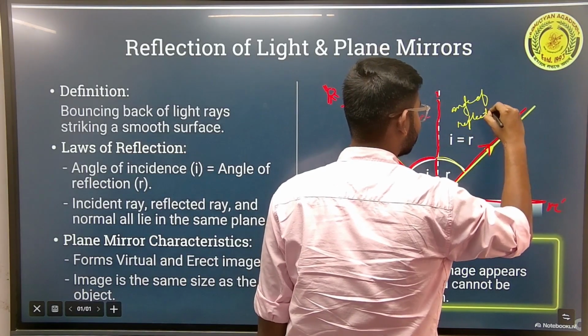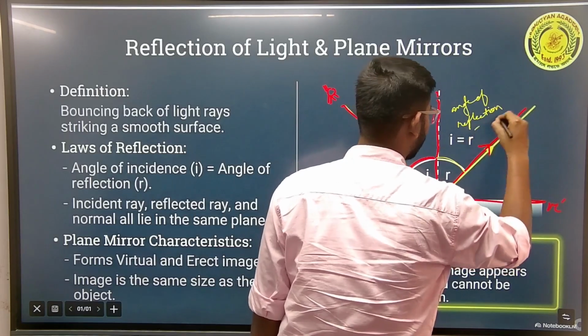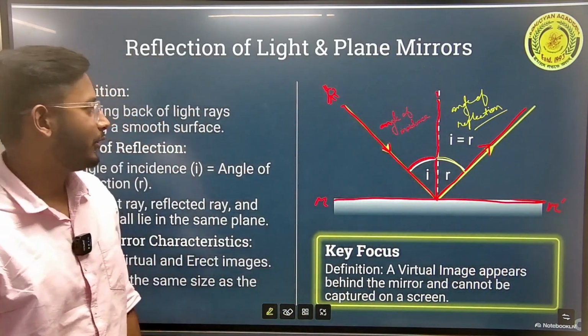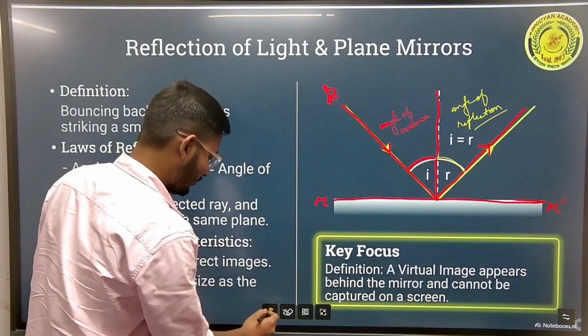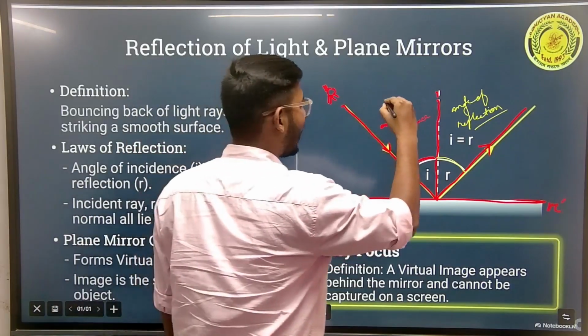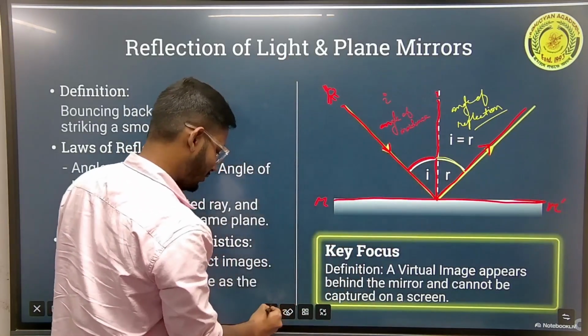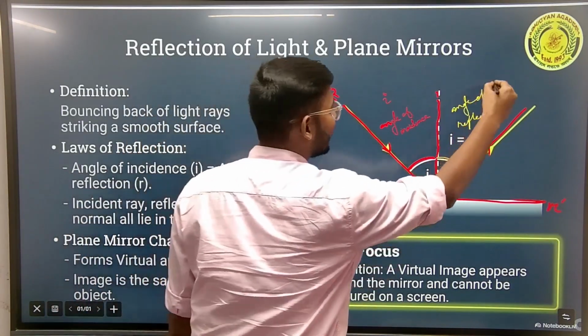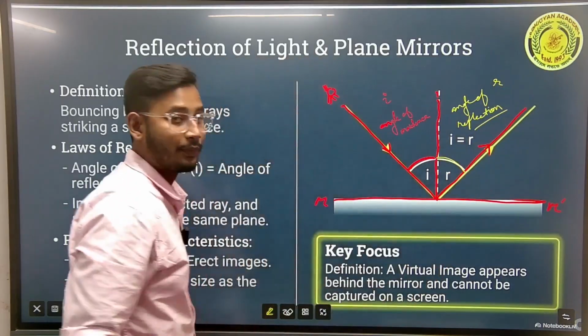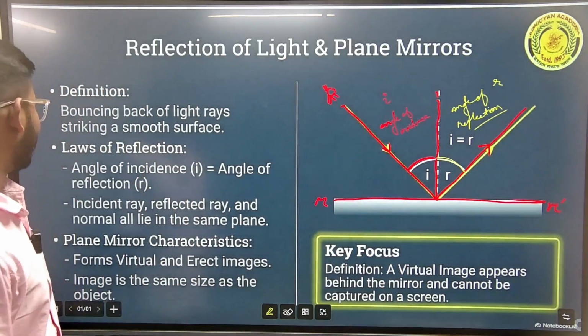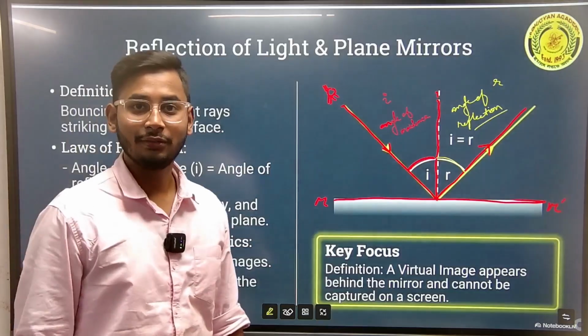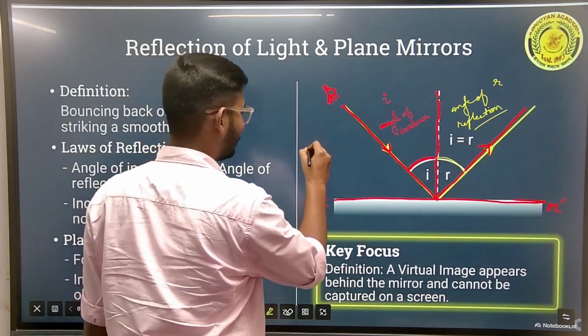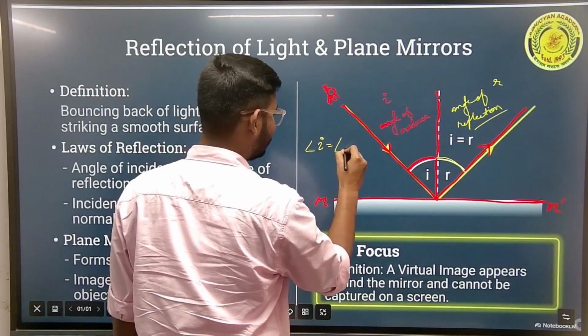We denote the angle of incidence as I and the angle of reflection as R. By the law of reflection, angle I is always equal to angle R.